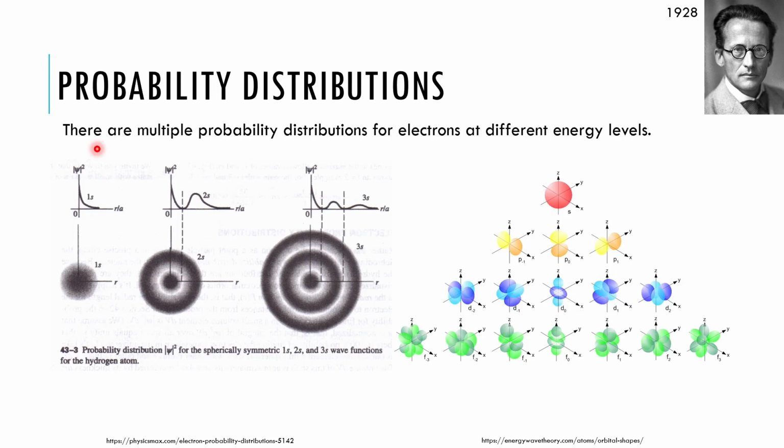Again, this comes from a manipulation of the Schrödinger equation to generate these probability distributions. The most simple types of probability distributions are spherical in shape, when you actually pull out all the math and construct a 3-dimensional shape based on the mathematics and the functions. And these are associated with what we call s orbitals.